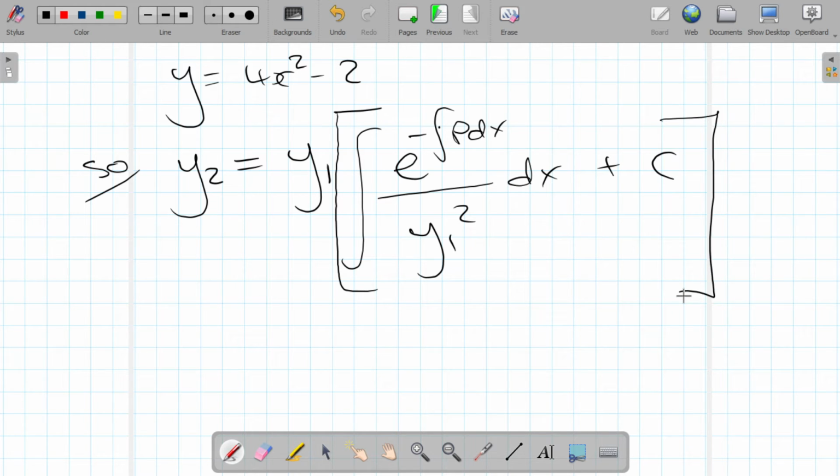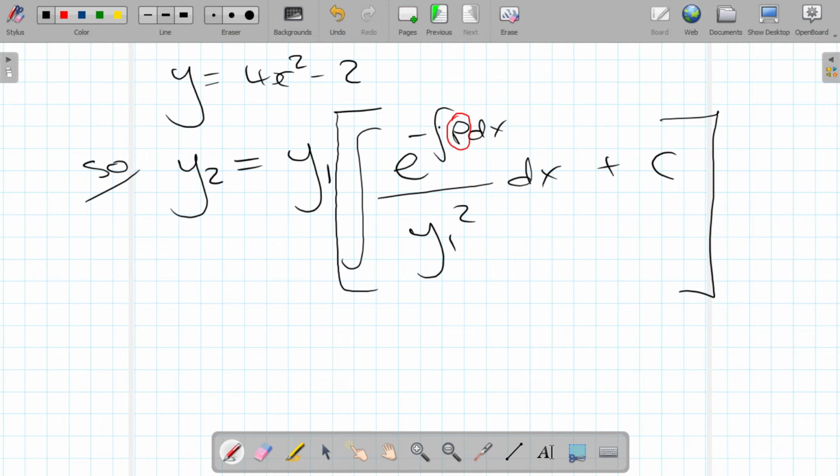Well, once again, I don't know if you've seen the previous video, but you should hopefully be able to work out what p actually is by writing down the original equation 1, the Hermite ordinary differential equation.